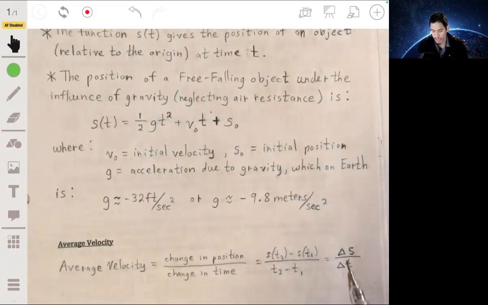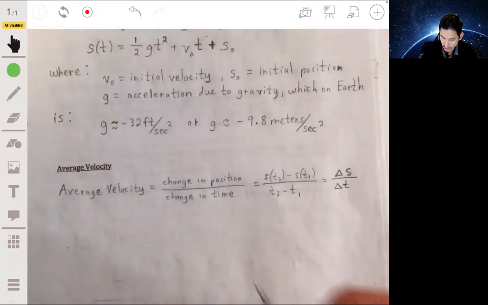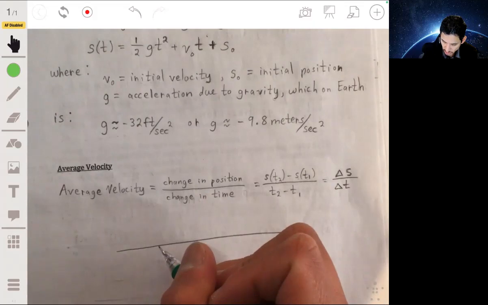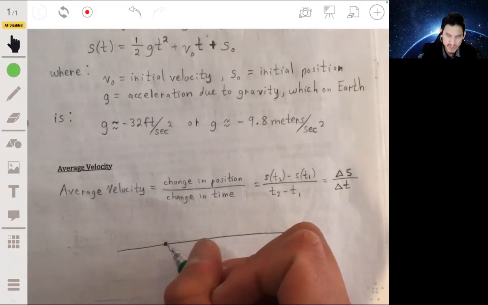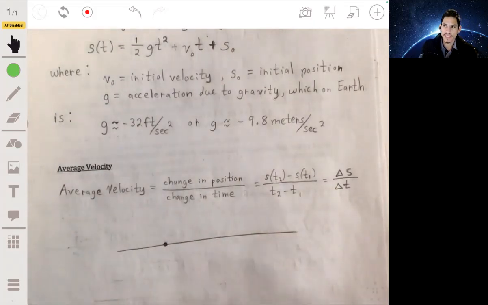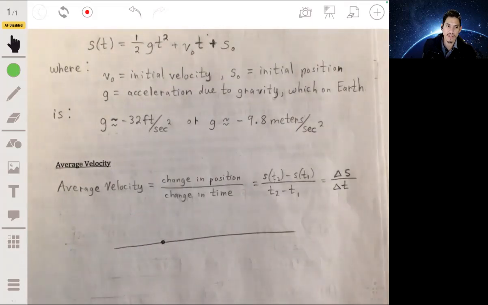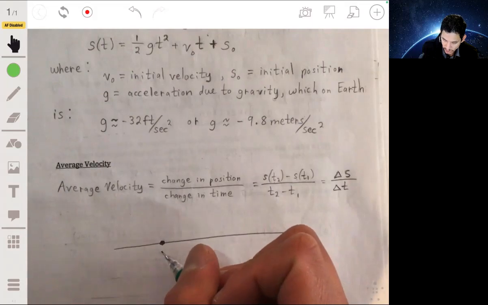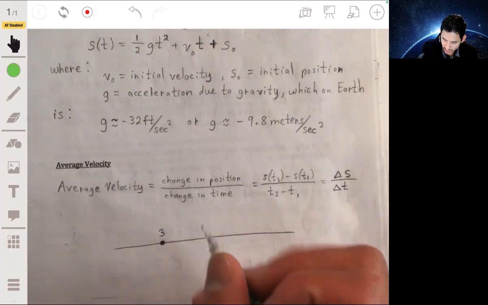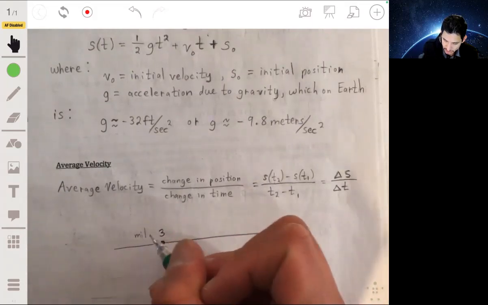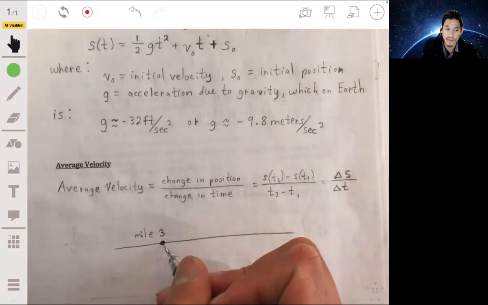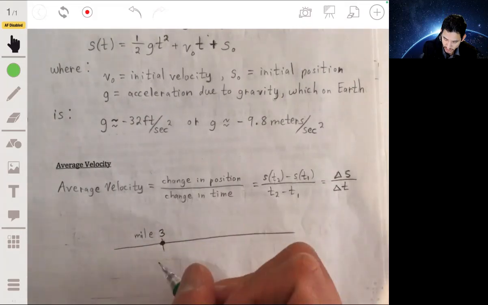For example, what we usually do in the real world: let's say you've got a buddy who's running a marathon, and you want to figure out how fast he's running, what his speed is. So you're standing at mile 3, and as soon as he hits the mile 3 mark, you record the time.